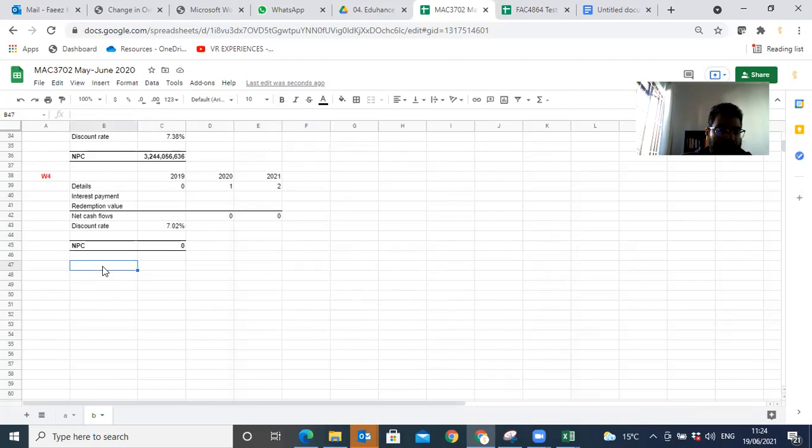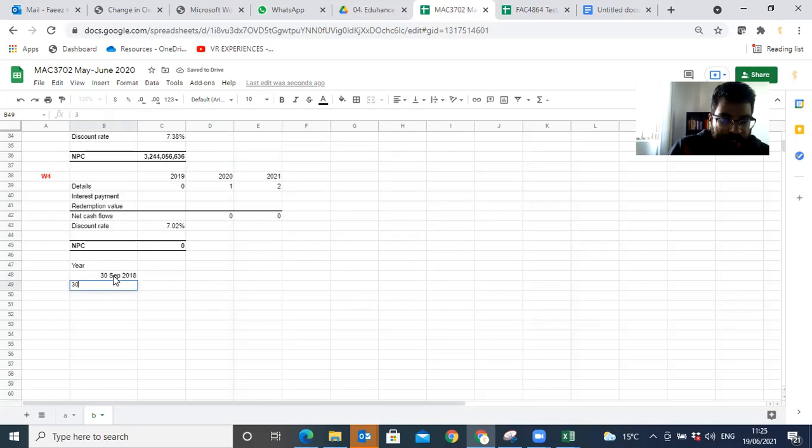So the year it was 2nd October 2018, which is the same thing as 30th September 2018. Okay, 2nd October is more or less the same thing as 30th September 2018. Just for ease of explanation, and it will be 30th September 2019.